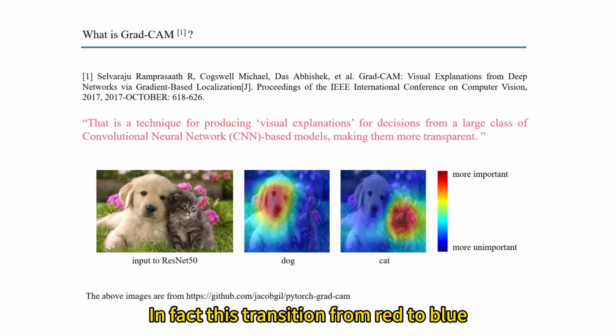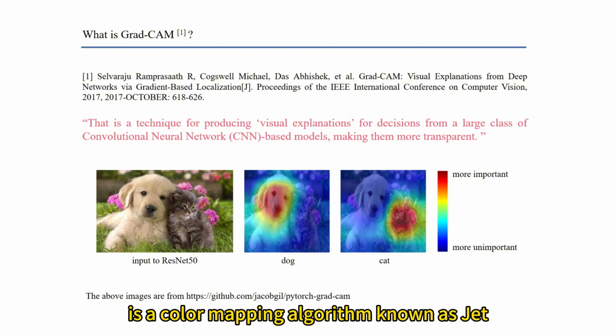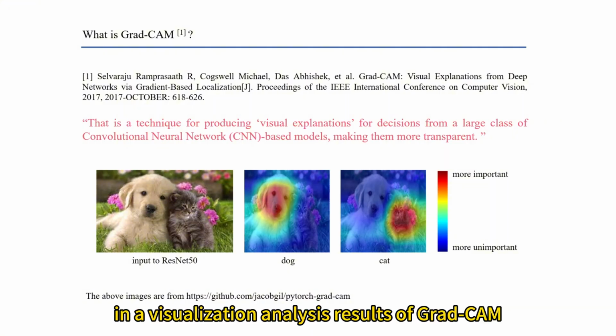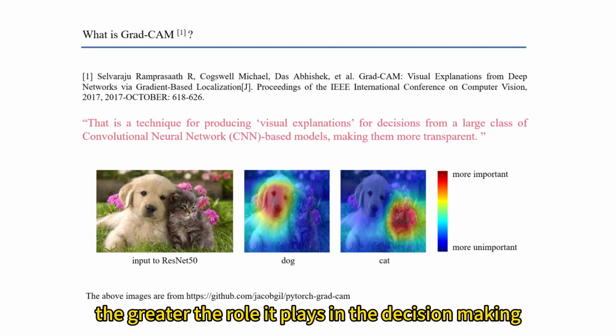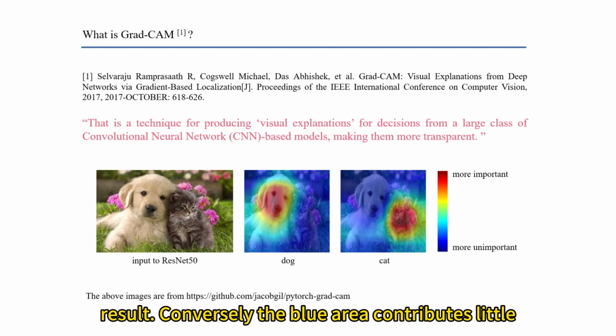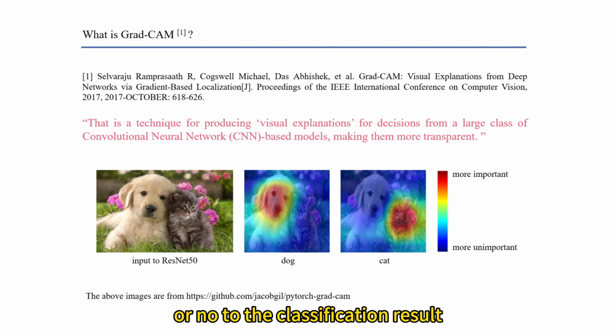In fact, this transition from red to blue is a color mapping algorithm known as JET. In the visualization analysis results of Grad-CAM, you can understand it as the closer the area is to red, the greater the role it plays in the decision-making result. Conversely, the blue area contributes little or nothing to the classification result.